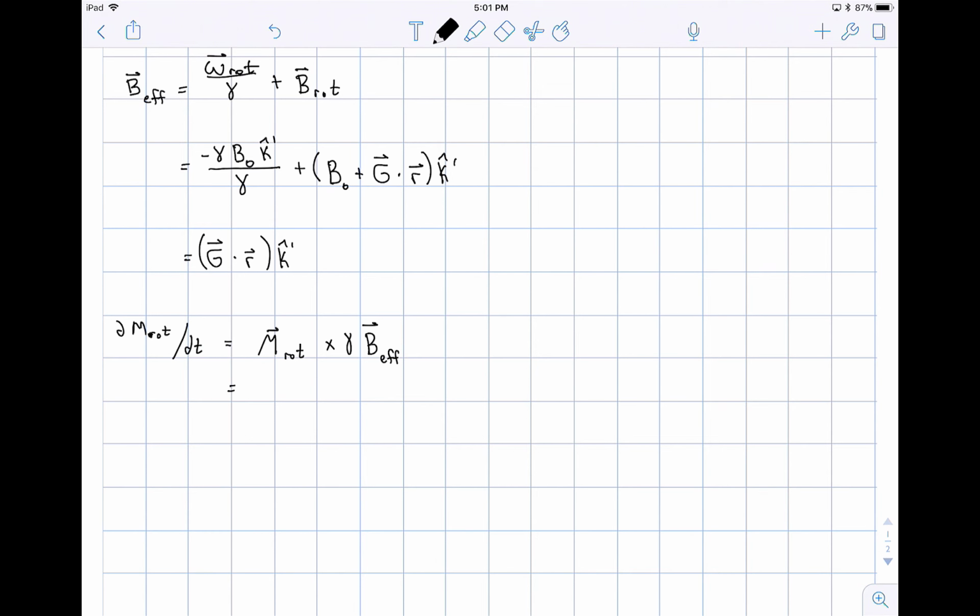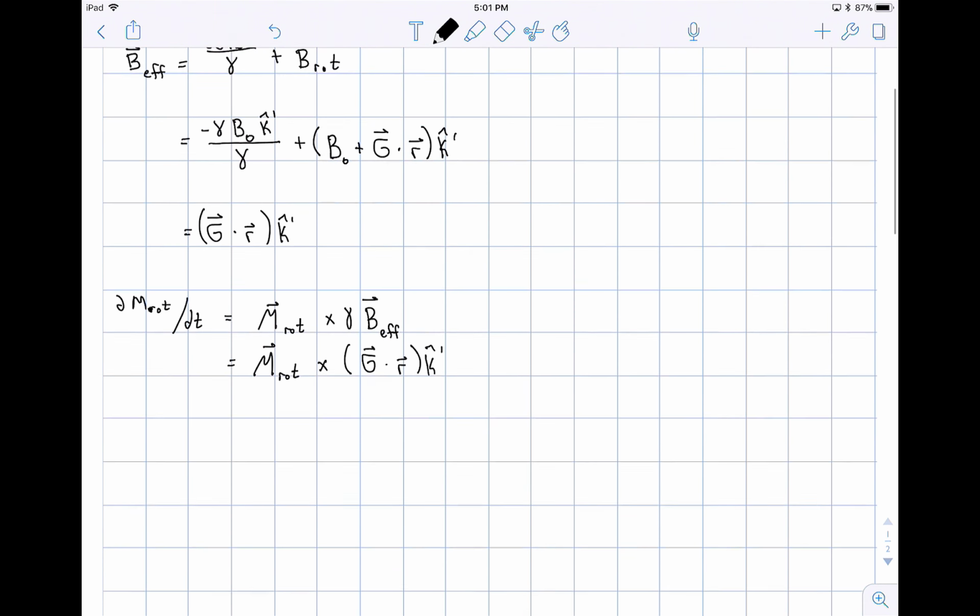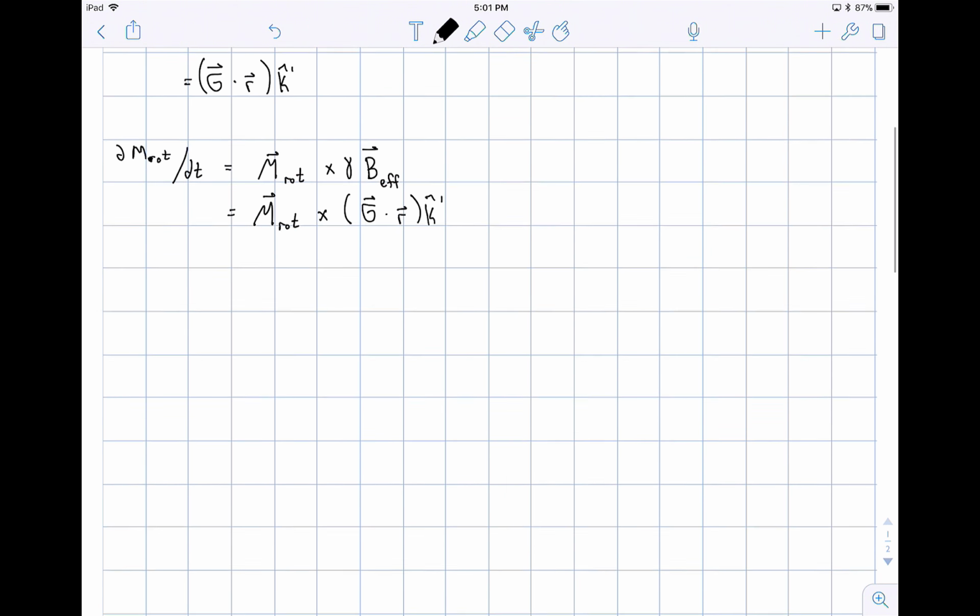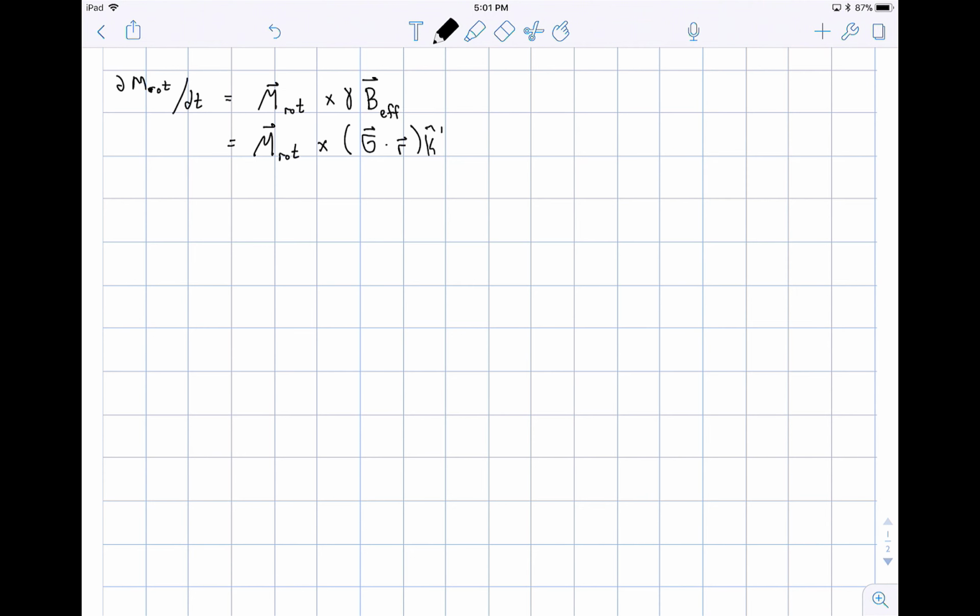We did just define what our B effective is, and so this just becomes gamma G vector dotted with our position vector r, along the k. And you've seen enough examples of this already that hopefully you recognize what we're going to do next, which is to take that expression here. The equation is really just the equation of motion without relaxation.